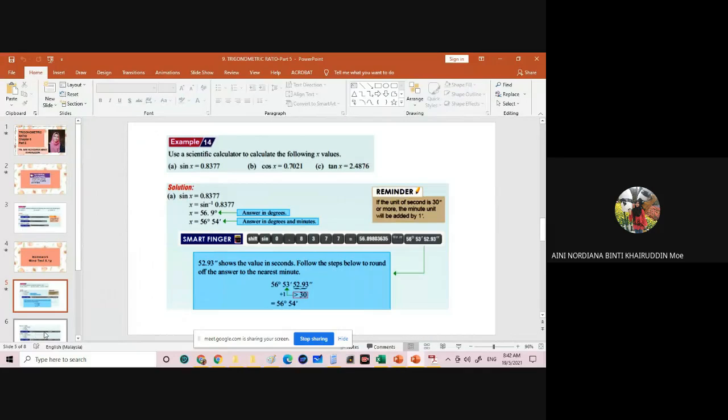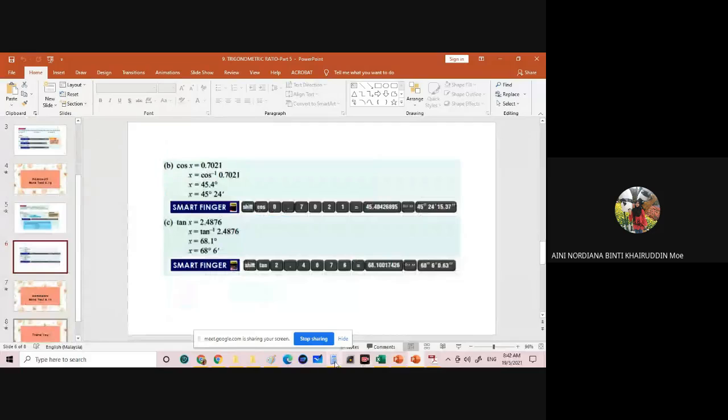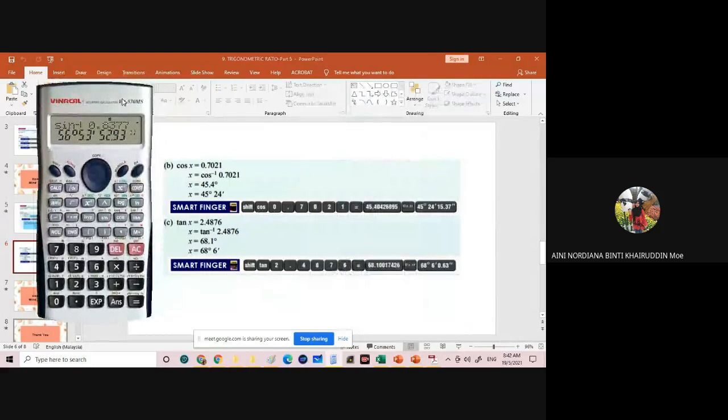Okay, have a look at this example. The first step, just write x equals cos inverse of this value. If you want cos inverse, press the shift button and then the cos button. Then 0.7021. Press equal. This is the answer in degrees, 55.4.